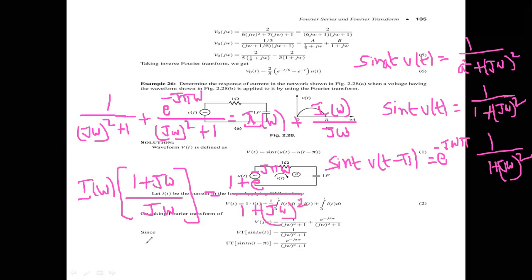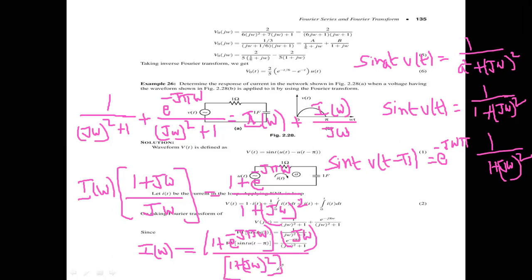Okay, I of omega is equal to, cross multiply this: j omega into 1 plus e power minus j pi into omega, cross multiply this is omega, and the denominator will be 1 plus j omega whole square whole multiplied with 1 plus j omega.